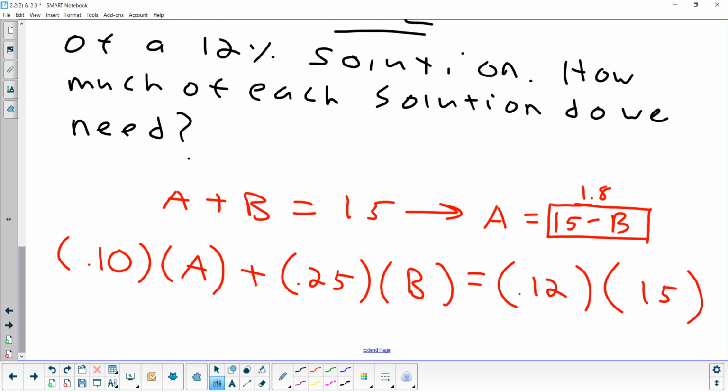Now, what do I do with that 15 minus B? Yeah, go ahead, Chris. Plug that in for A in the second equation. Exactly. So this is kind of reviewing how you solve a system of equations that's linear using substitution.